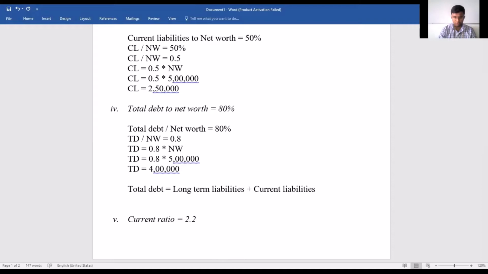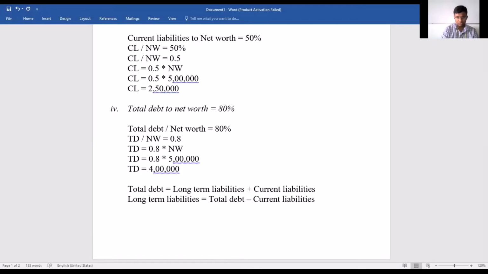When we rearrange this formula, we get long-term liabilities is equal to total debt minus current liability.